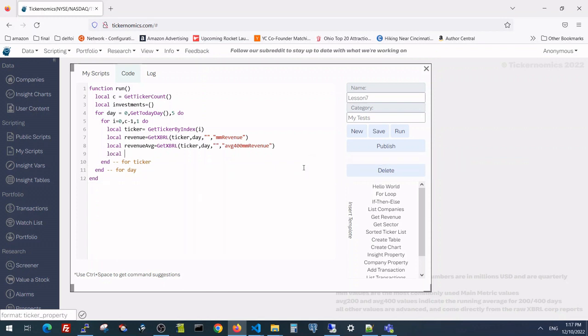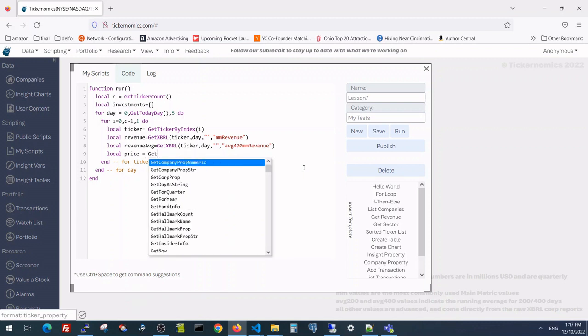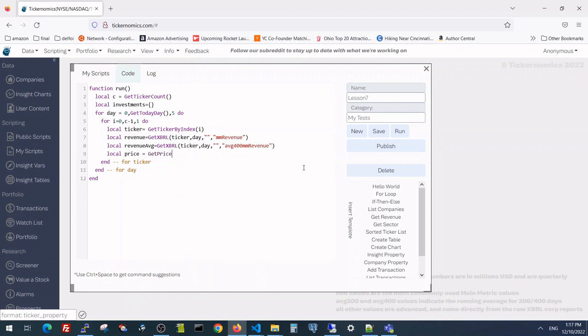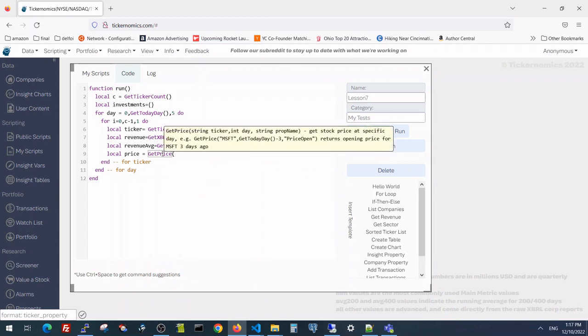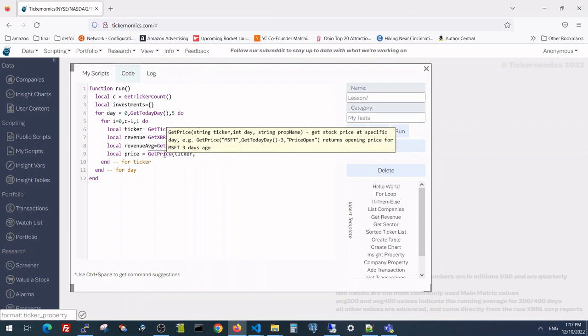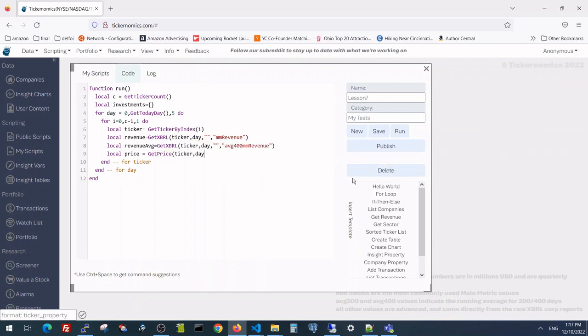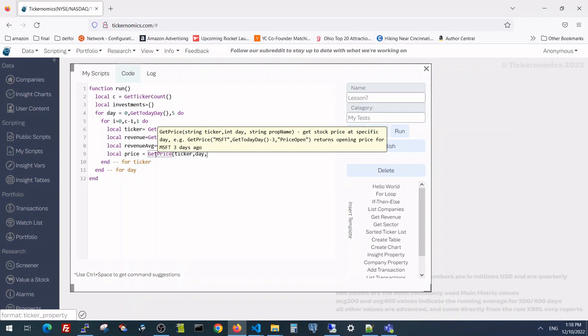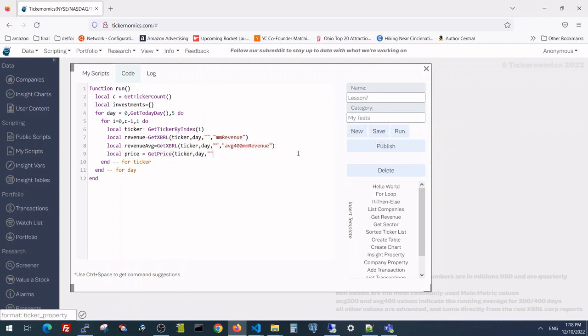So get price, get stock, get price. Okay, ticker, day. Okay, price open, we can just skip it. It will also get the default price per day, and then price average.